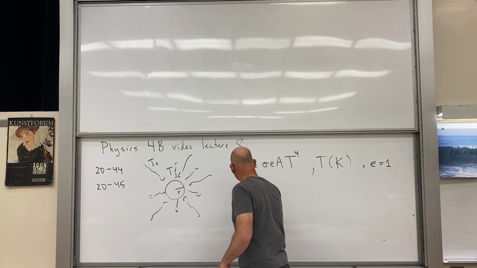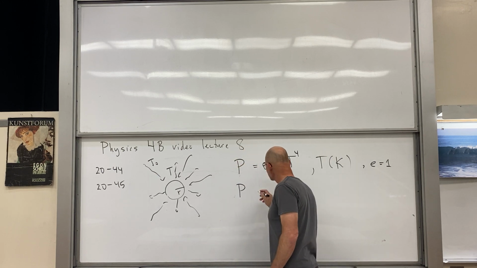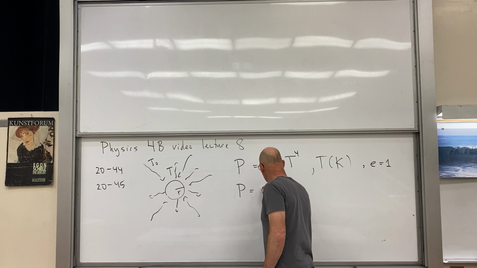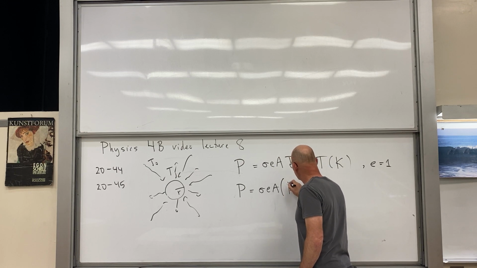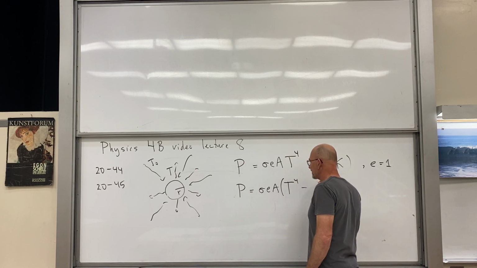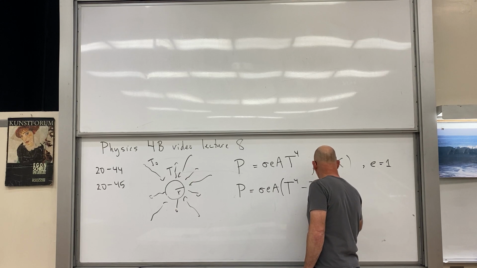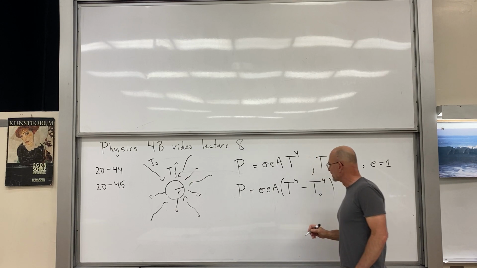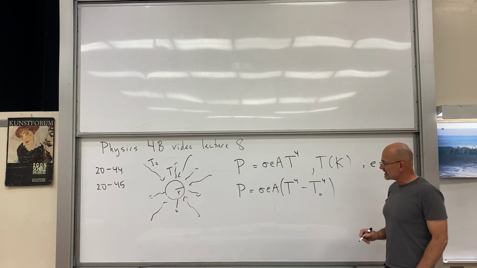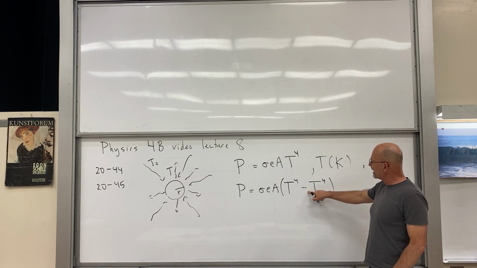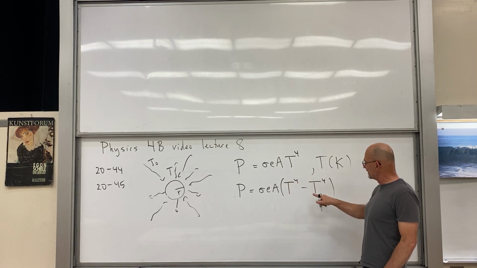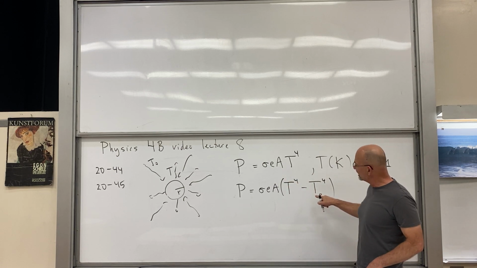So then P would be equal to sigma E A, T to the fourth minus T0 to the fourth. So it's going to be the net power radiated. And in fact, the minus sign is going to dominate because we have 0 Celsius and 20 degrees Celsius, I believe.